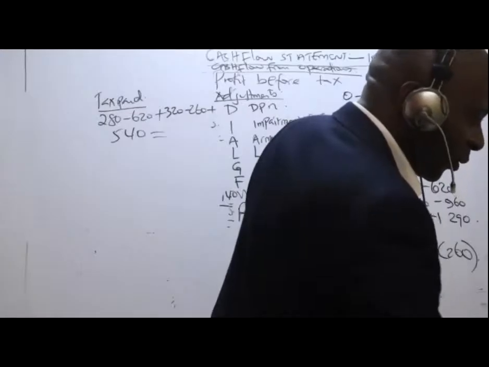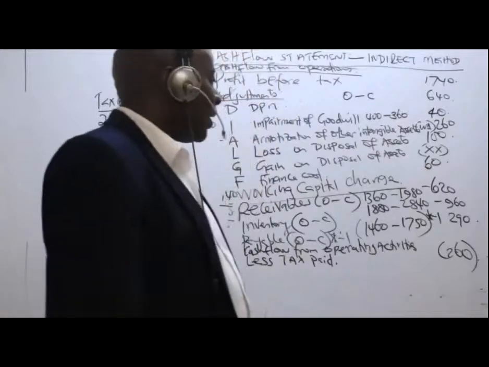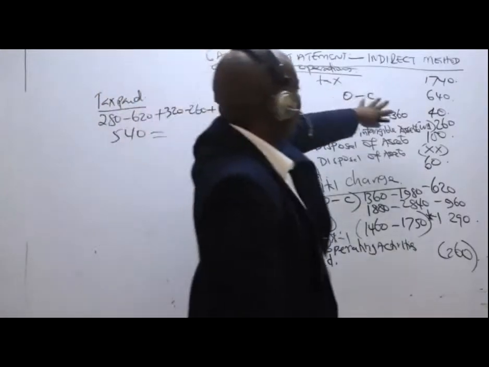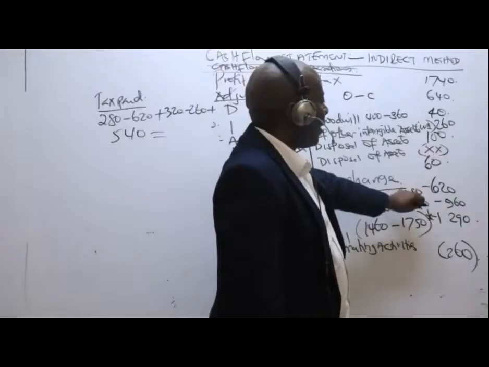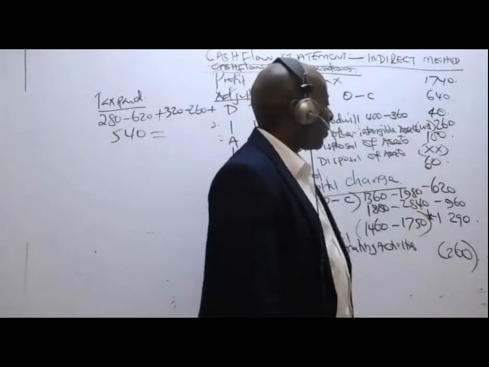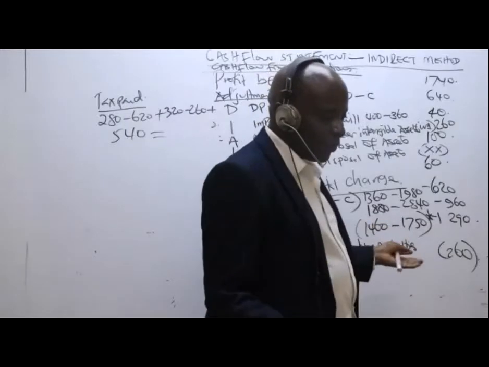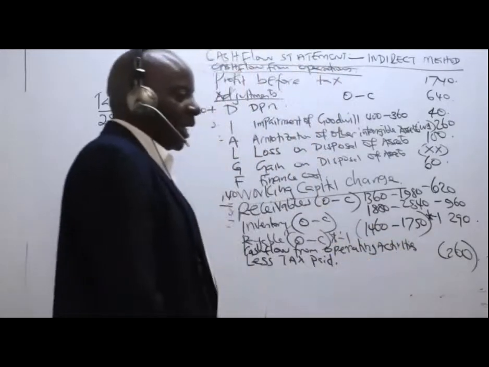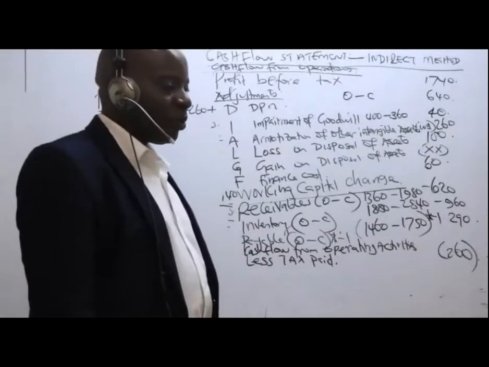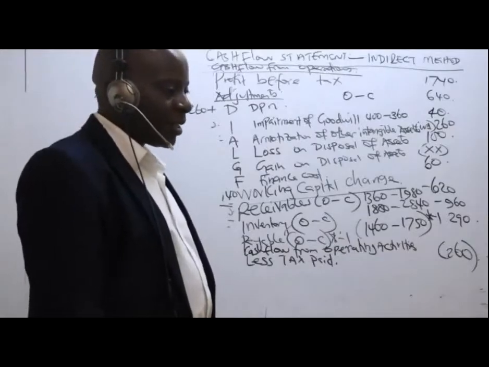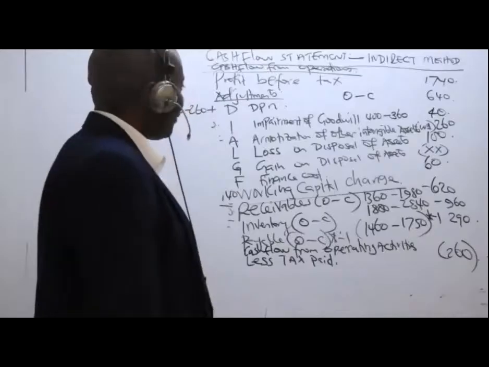Valerie tells me 1290. So you take 1740 plus, minus, plus 290. Tax paid, of course, has to be negative.